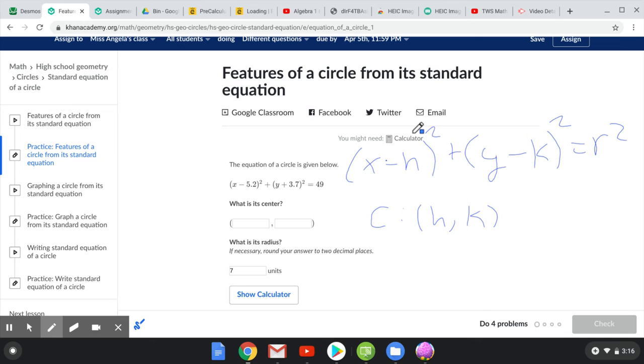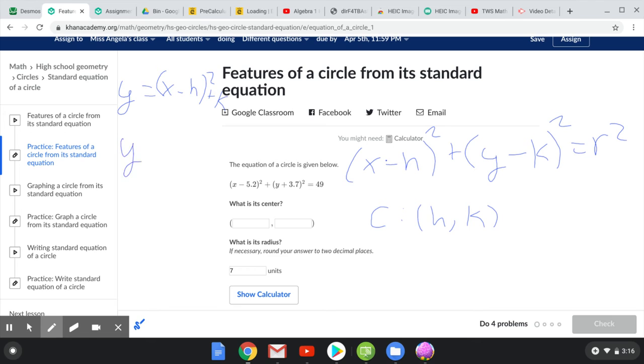So going back to that parabola example, if I had, instead of y equals x squared, y equals (x minus h) squared plus k, using the same letters, right?